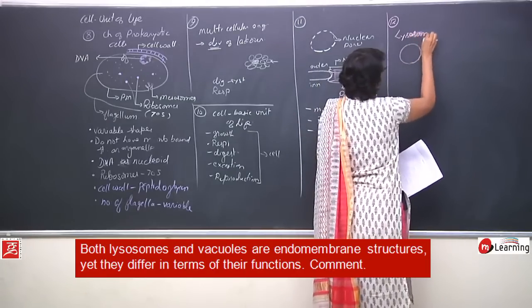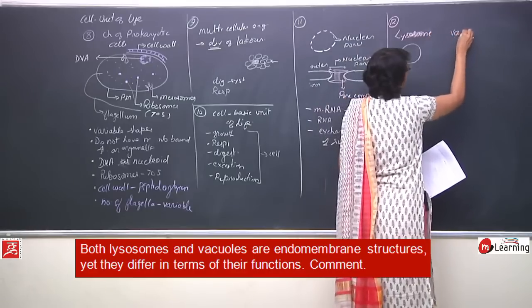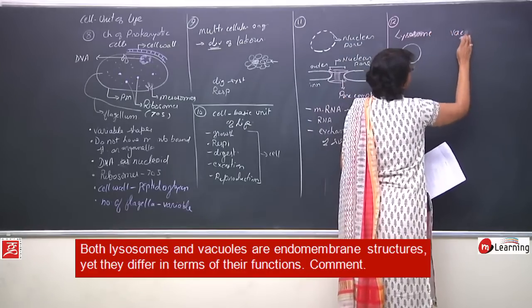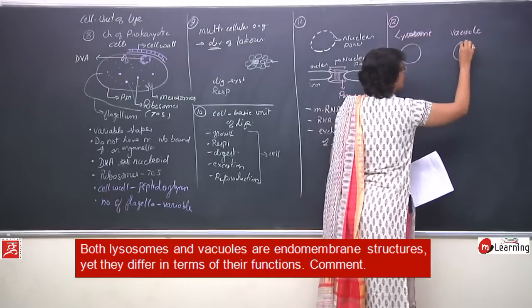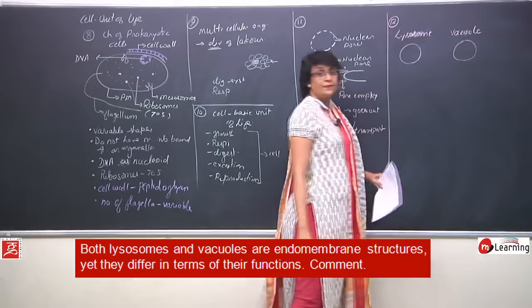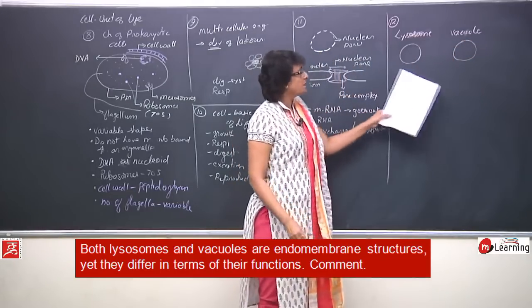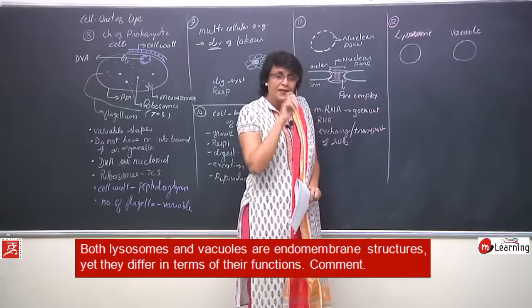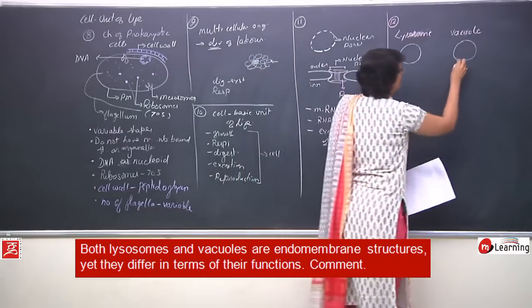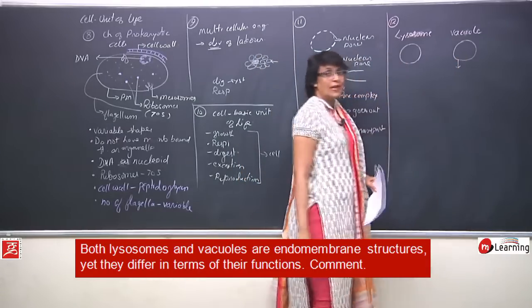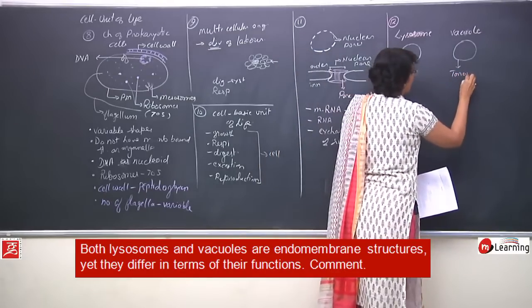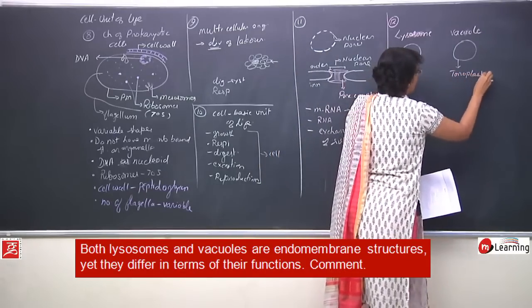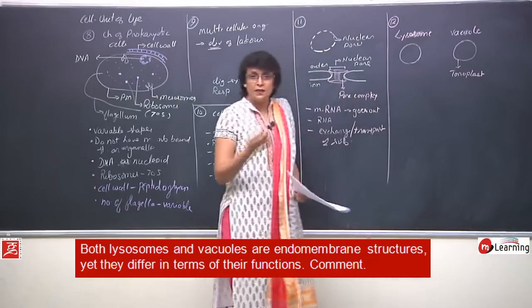When we made a vacuole, at that time also we made a circular membrane bound structure. Both these membranes are typical plasma membrane like structures. In case of vacuole, the membrane is known as tonoplast. Otherwise it is typical membrane.